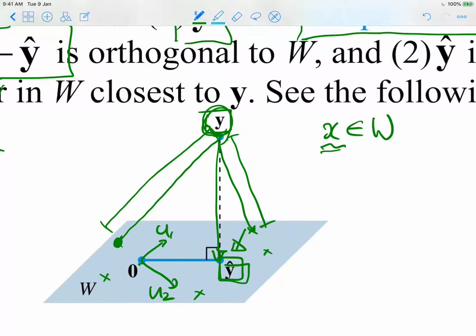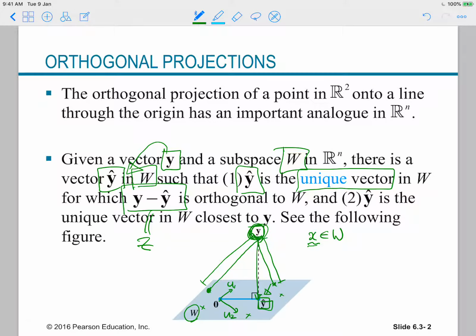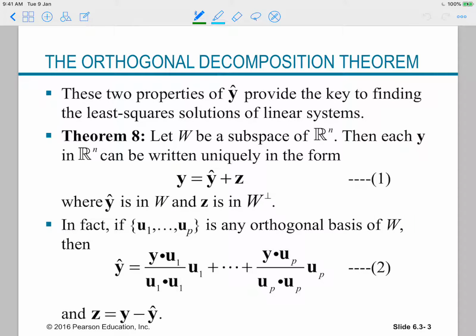In other words, Y hat will work as the closest possible point in W from Y. So in that sense, this Y hat can be viewed as the best approximation of Y, where this Y hat can only be inside of subspace W. Okay, so that is kind of the intuitive meaning about this slide.